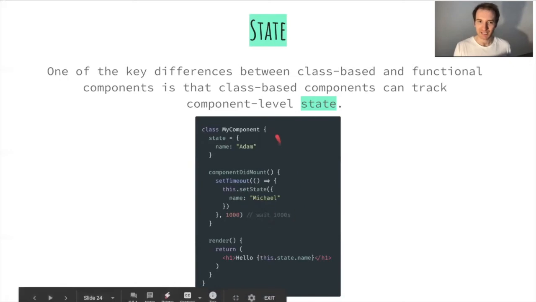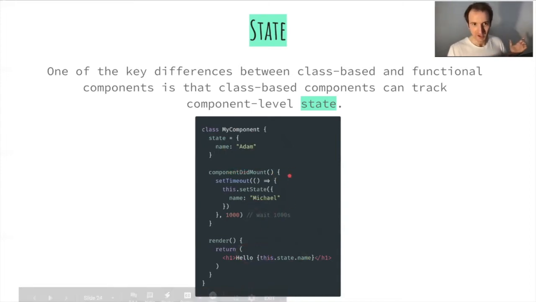So in this case, this component at the start will render "hello this.state.name," which we're initializing to the name of Adam. So this will say hello Adam. And then once that renders, we'll be running this componentDidMount method. We're using a setTimeout method here.